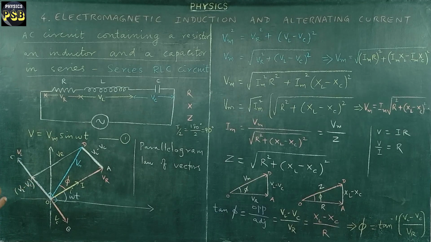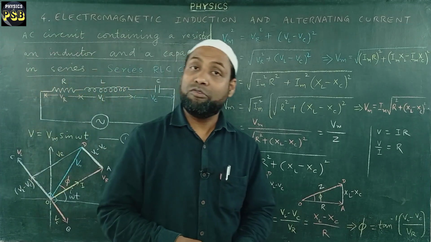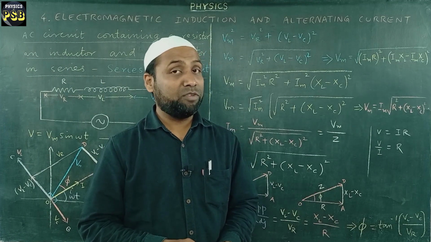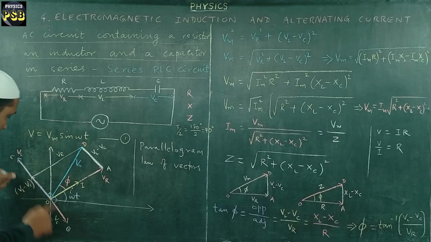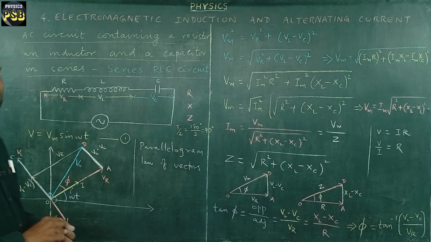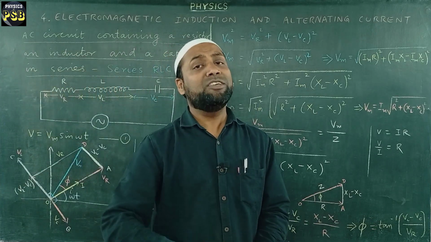Now if you want to find the difference of these two, we use the head to tail method of vectors. In vector addition and subtraction we use the head to tail method when two vectors are acting in the same line. Here we have two vectors, OB and OC. When we use a vector to represent current and voltage, we call it a phasor.